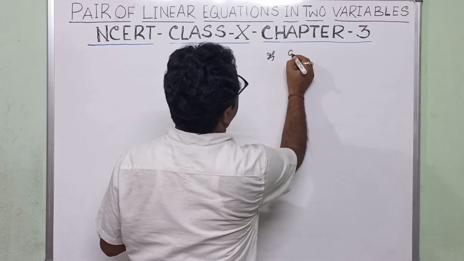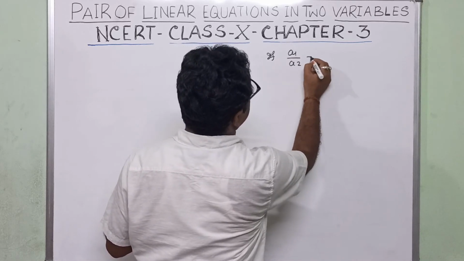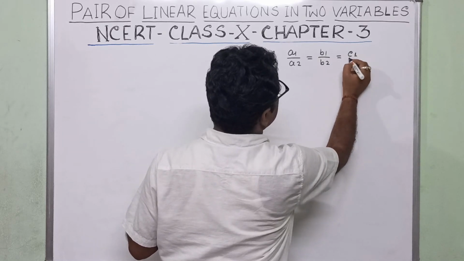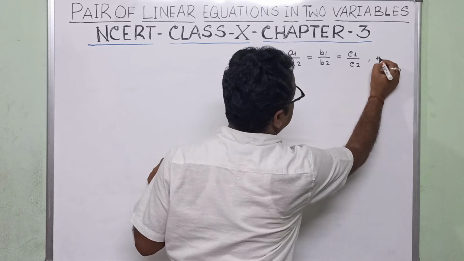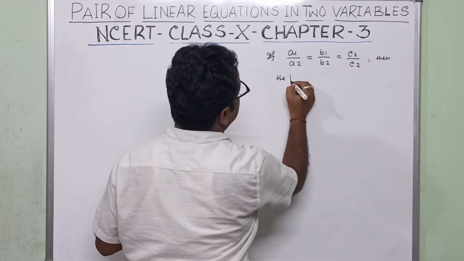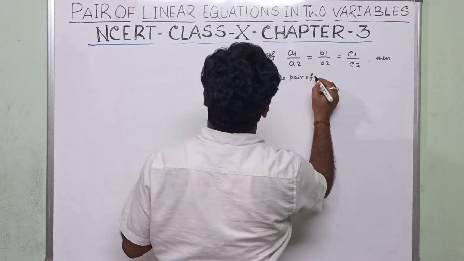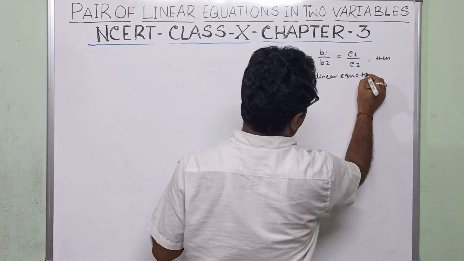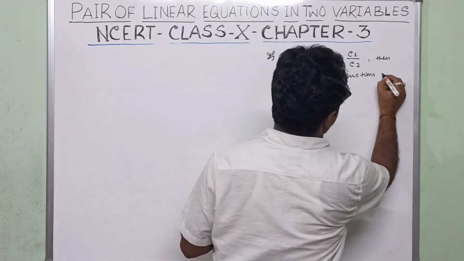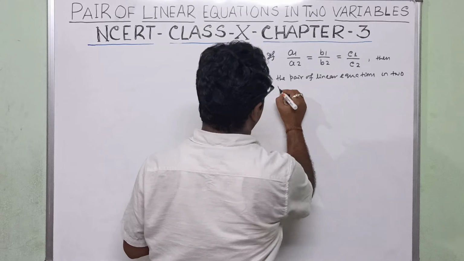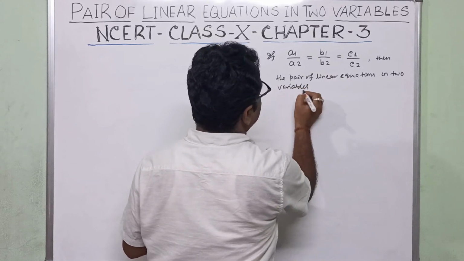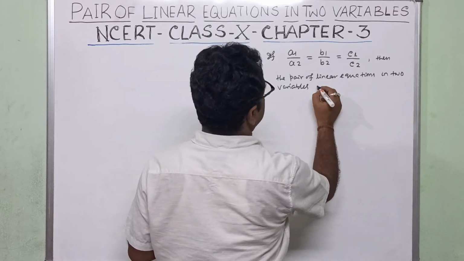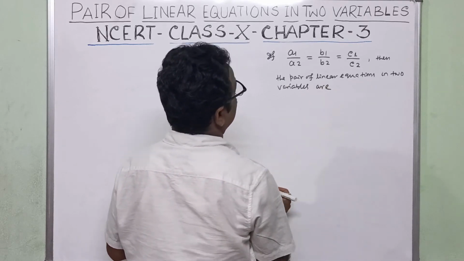If a1 by a2 is equal to b1 by b2 is equal to c1 by c2, then the pair of linear equations in two variables are what?